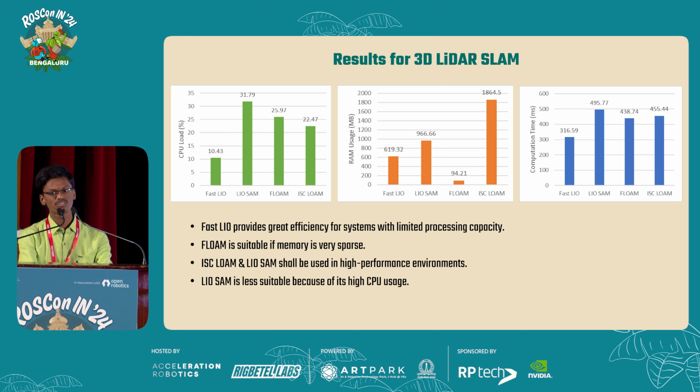And FLOAM can be used in memory limited constraints and memory limited systems. ISC-LOAM and LeoSAM have the highest computation efficiency demands because they take high CPU and RAM usage. So they can be used mostly not on the product development side, but for research purposes when you are developing things.